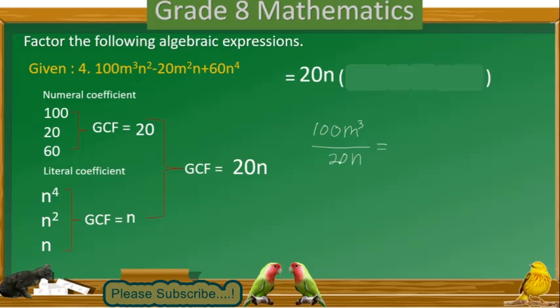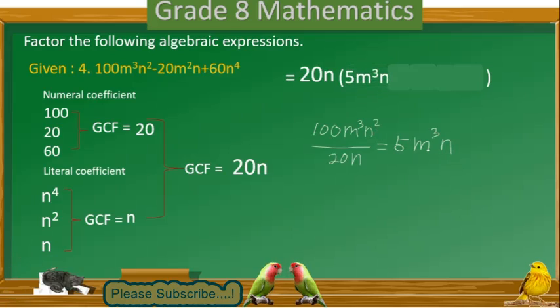So 100 divided by 20, that is 5. Then we have n here, n squared. For m, we do not have m in our denominator, so we will just copy m cubed. For n squared divided by n, that is n.